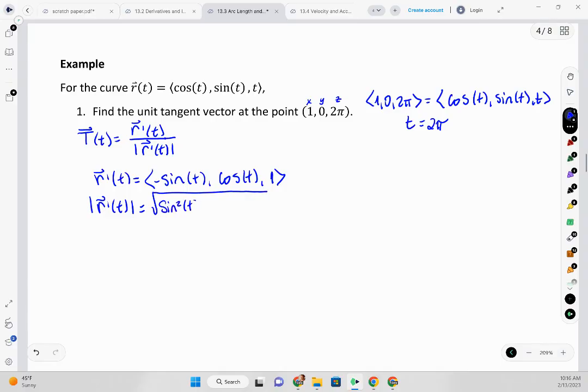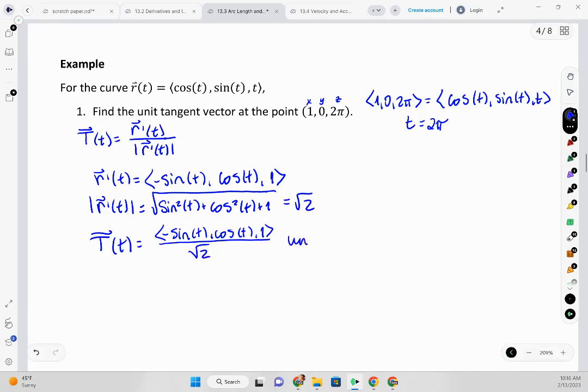We get sine squared of t plus cosine squared of t plus 1, which is going to be the square root of 2. So T, the unit tangent vector as a function, is equal to the r prime of t, which we found to be negative sine of t, cosine of t, and 1, divided by the magnitude of r prime of t, which is the square root of 2.